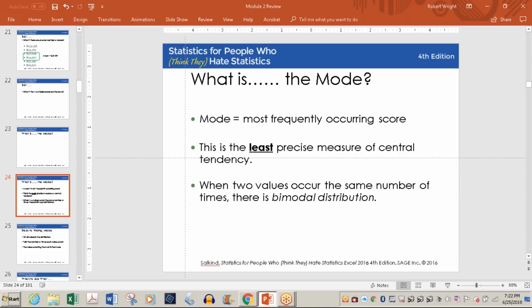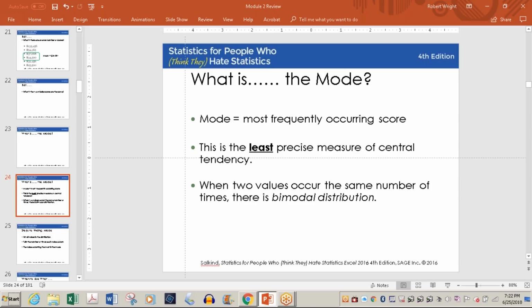Is that where the different scores each happen the same number of times? Exactly. You have test scores from 60 to 100, and 75, 87, and 93 all appear 8 times. Some people get upset, and there's nothing really to get upset about.